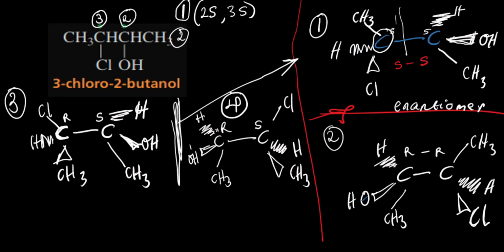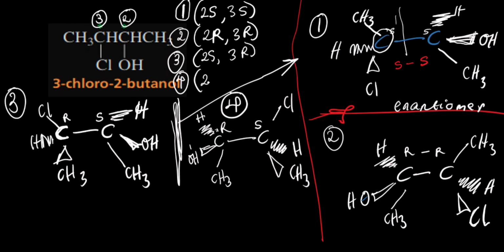For sample 2, carbon 2 has an R configuration, and carbon 3 also has an R configuration. For sample 3, carbon 2 has an S configuration, and carbon 3 has an R configuration. Lastly, for sample 4, carbon 2 has an R configuration, and carbon 3 has an S configuration.